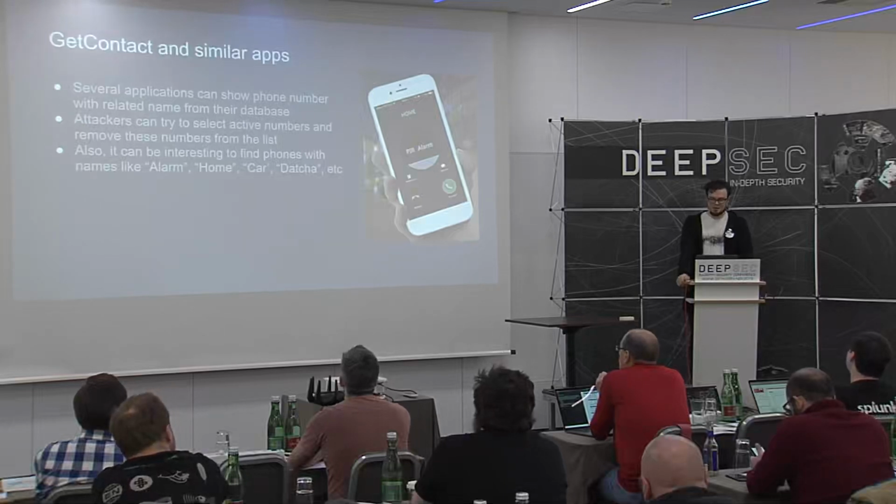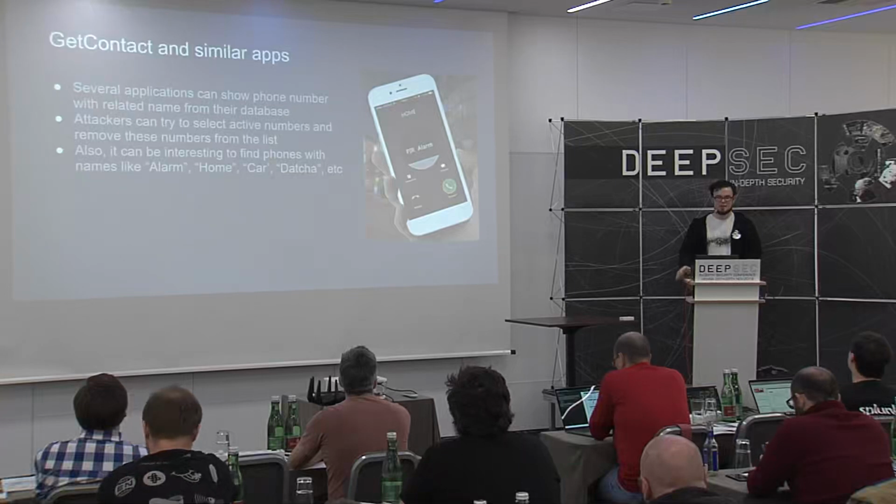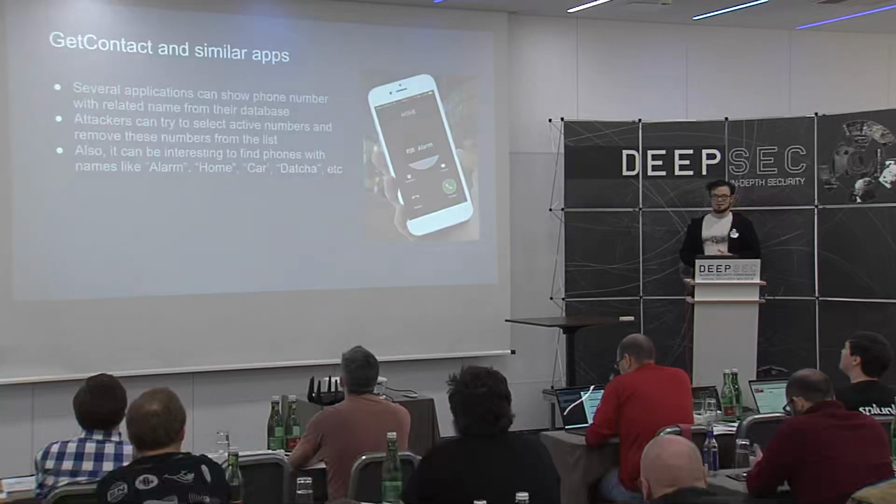But it means that, okay, I can use it to know how other people save me in their phones, but I can also try to find the names for phone numbers like alarm, home, car, dacha, or something like this.